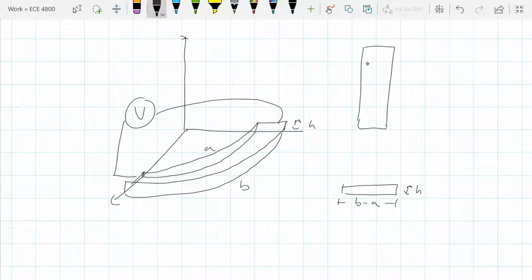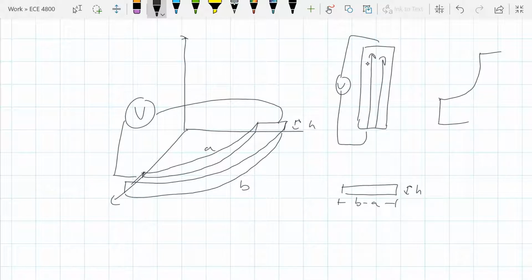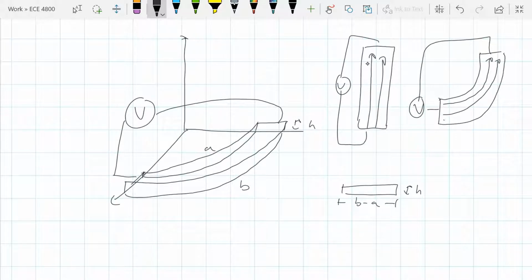If you apply voltage to something like this, all the electric field vectors go something like this, right? Now, if you apply a voltage to something that looks like this, now your electric field vectors look something like this, right?